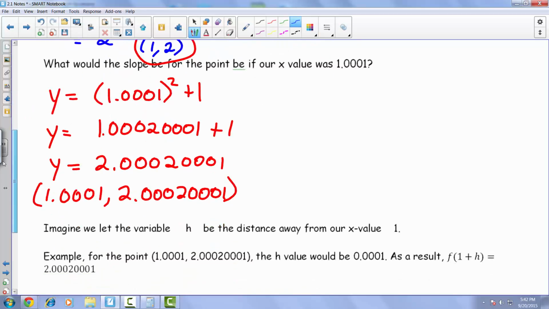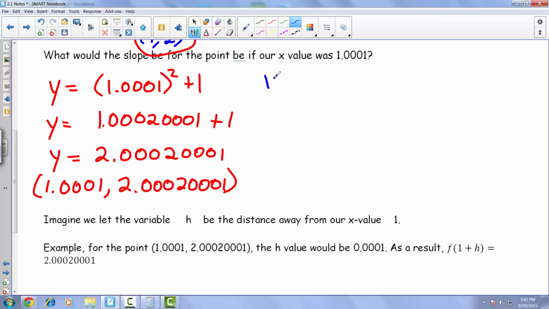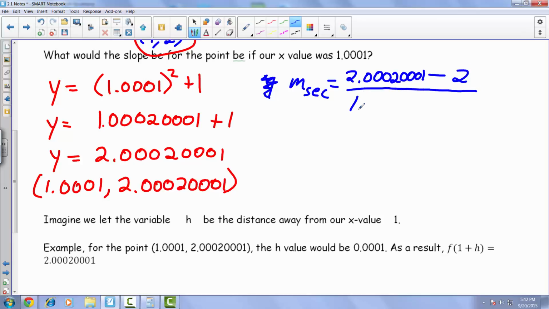So when we do that, we end up with our slope, which is still a secant, of 2.00020001 minus 2, all over 1.0001 minus 1.